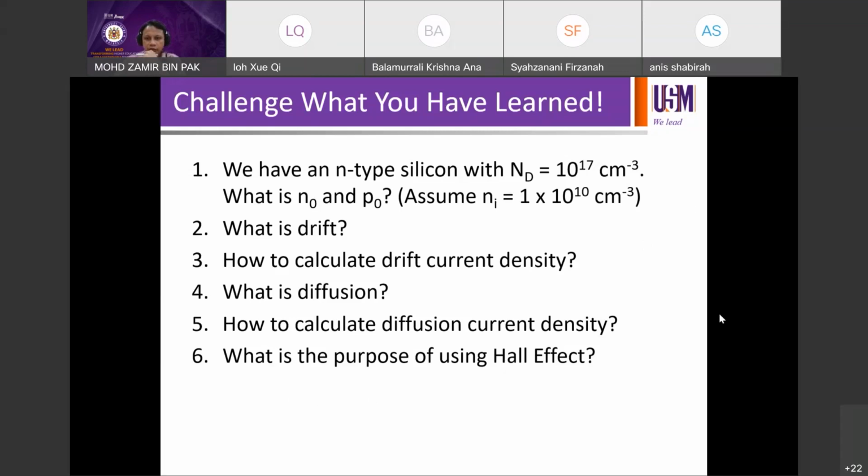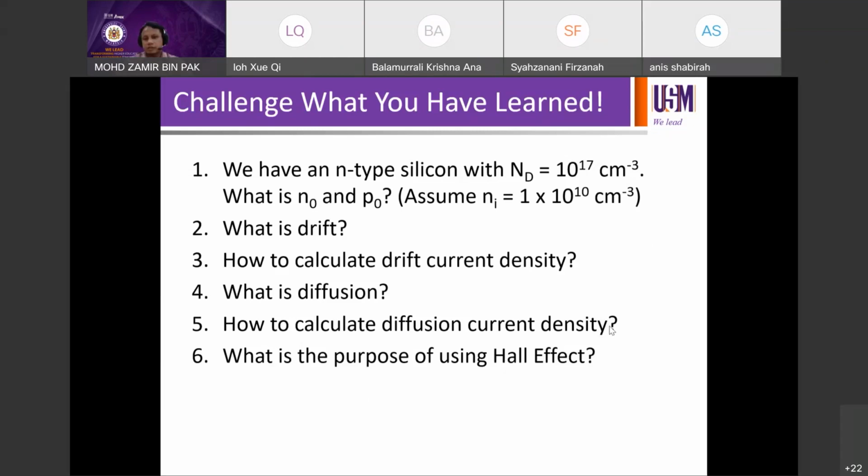To determine whether the sample is N-type or P-type, yes. To differentiate P-type, N-type, yes. What else can you get? To measure carrier density, magnetic field.